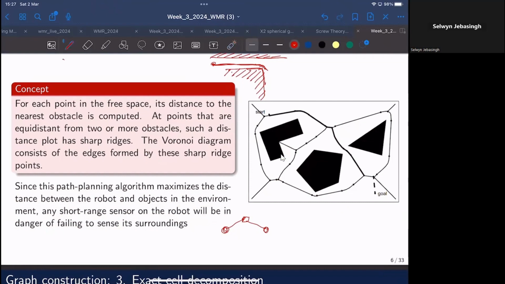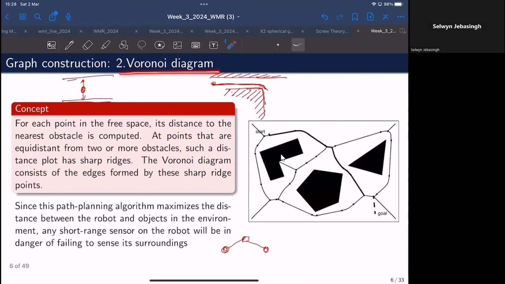For example, if the distance between these two obstacles is too large, and the robot is somewhere in between these two obstacles, and if its sensors are not powerful enough to detect these edges, maybe it's using short range sensors, then it may not be able to detect the edges, and hence it may not be able to even create this roadmap at all, because the sensors are short range and the obstacles are too far away. So that could be a potential pitfall of graph construction using a Voronoi diagram.